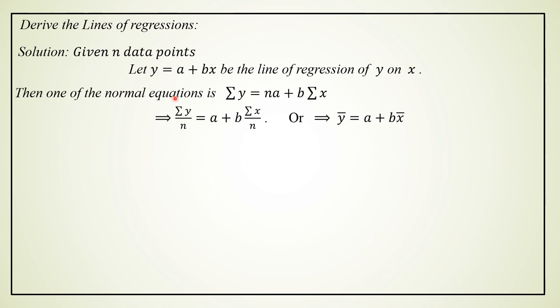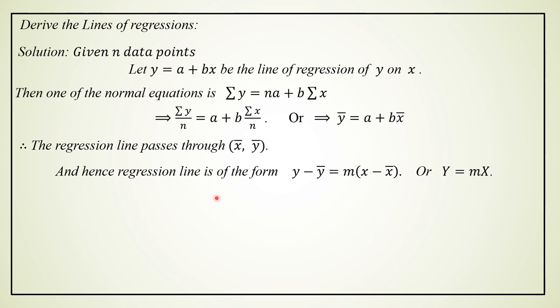Sum of the values of y divided by the total number is nothing but the mean, isn't it? So you have y bar is equal to a plus b into x bar. This means that the regression line passes through the point x bar, y bar. Since it satisfies the equation, the point x bar, y bar lies on the line.